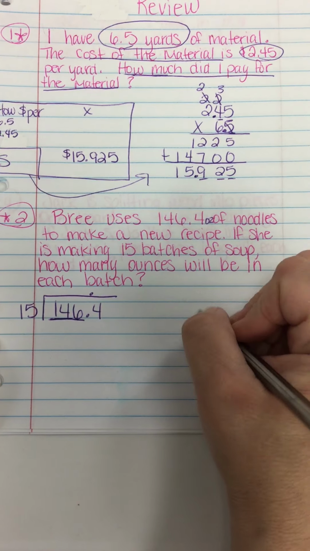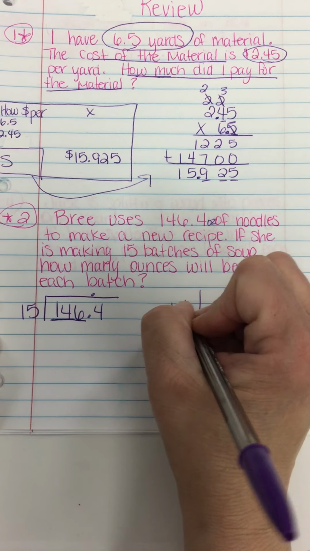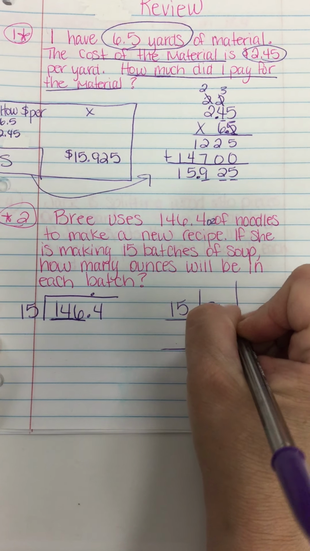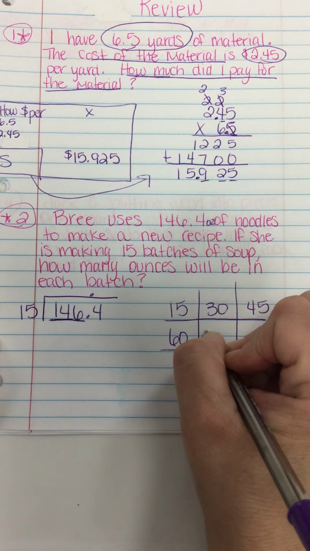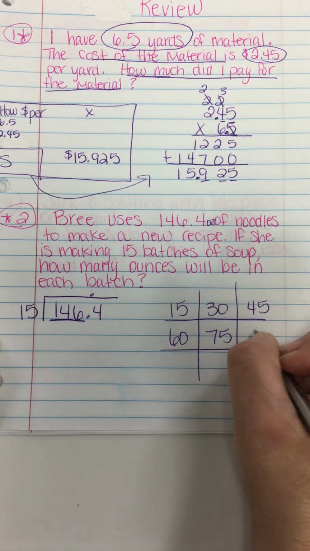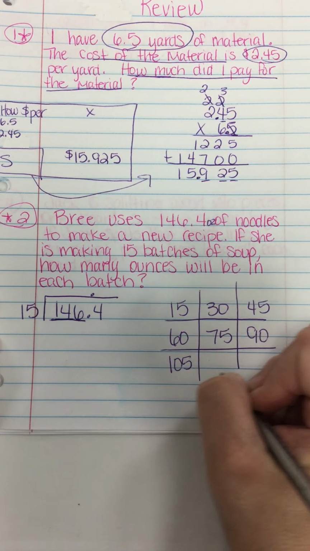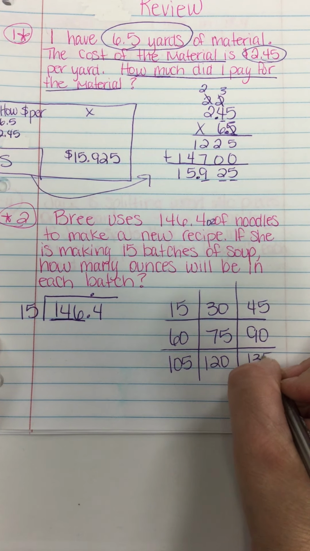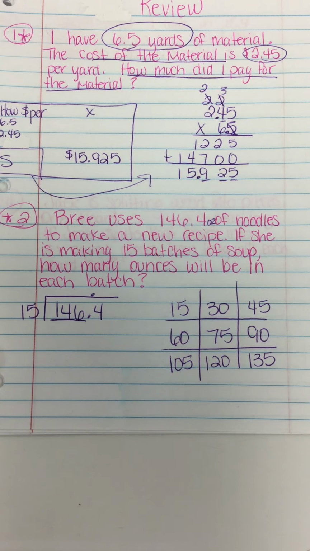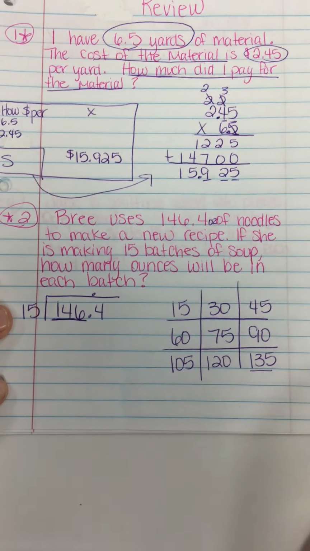So before you do that, you should make your tic-tac-toe board. 15, 30, 45, 60, 75, 90, 105, 120, 135. Okay, so the closest I can get to 146 is 135, which is times 9.